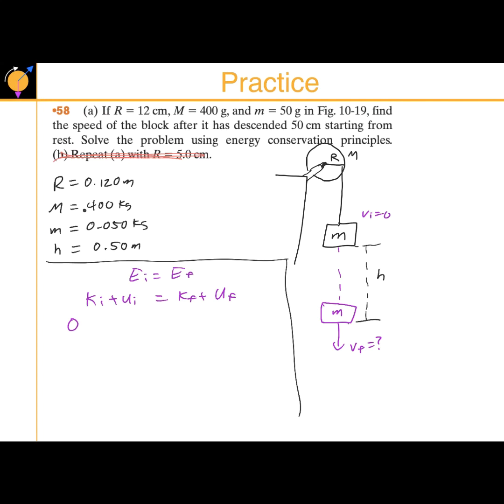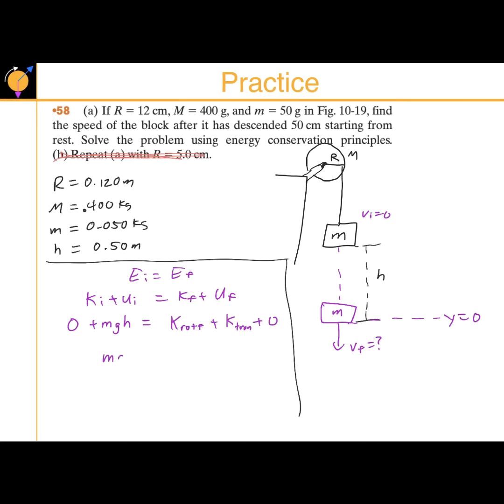And if we call this y equals 0, initially it only has gravitational potential energy, mgh. And at the end, the block is moving and the disk is spinning. So there's going to be some rotational kinetic energy plus some regular translational kinetic energy and no potential energy because the block is at y equals 0.